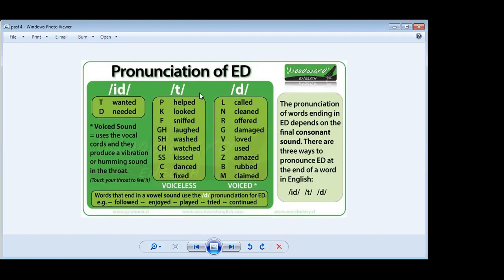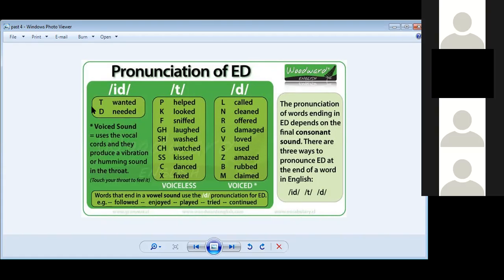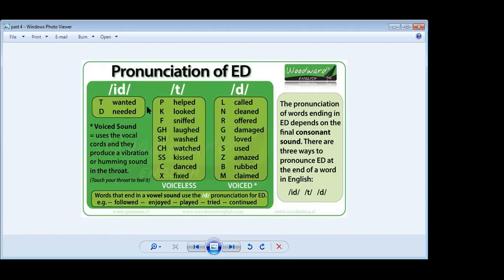Okay, so when do we pronounce it id? When the last letter in the verb is T or D. If the verb ends with the letter T or D, we pronounce it id. When the verb ends with T, want, the last letter T, need, the last letter D. When the verb ends with T or D we pronounce ed as id, like wanted, wanted.